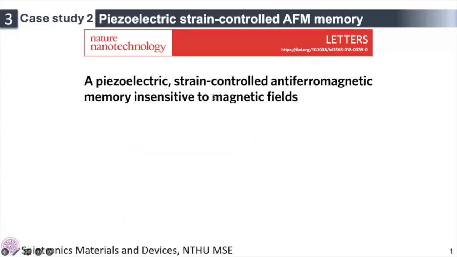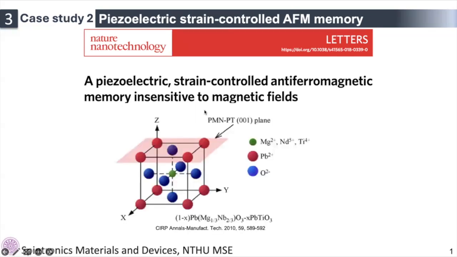Hello everyone, I'm Jin Lin. The work I'm going to report is piezoelectric strain-controlled antiferromagnetic memory insensitive to magnetic fields. And first, the piezoelectric material they used is PMN-PT. Its chemical formula is shown here.